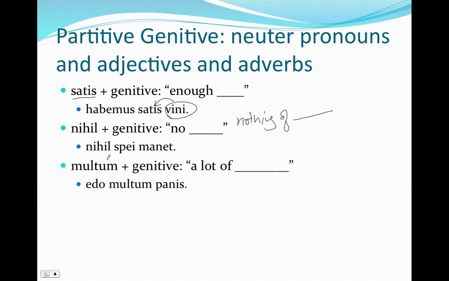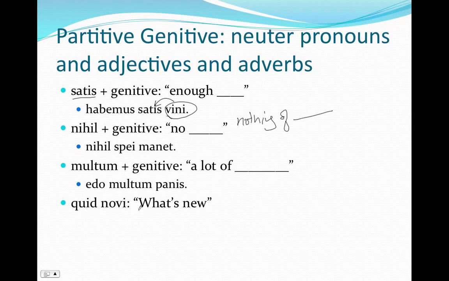Multum. There's a neuter pronoun, much, plus the genitive. And oftentimes in English we translate this as a lot of, or much of, a lot of something. So, edo multum panis, I eat a lot of bread. Literally, much of bread. But again, in English, we wouldn't say that. It's not idiomatic English. And then a common phrase, just to keep in mind, quid novi, literally, what of new?